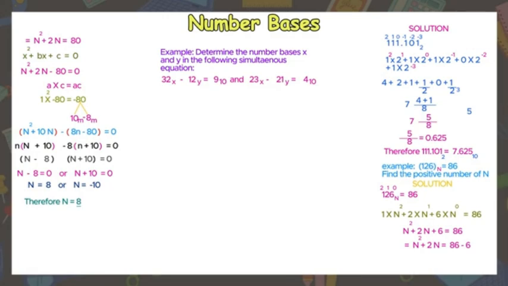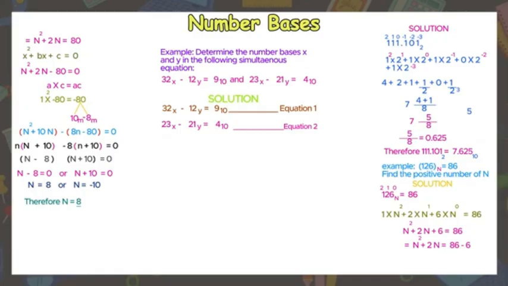Solution. The first one is 32 base x minus 12 base y equals 9 base 10. This is equation 1.